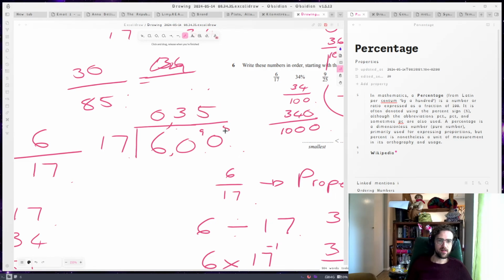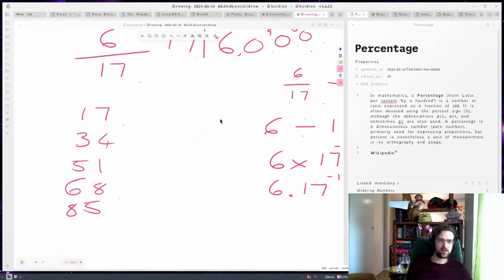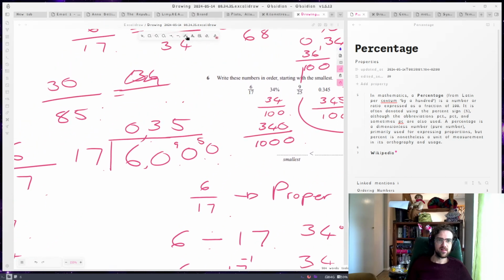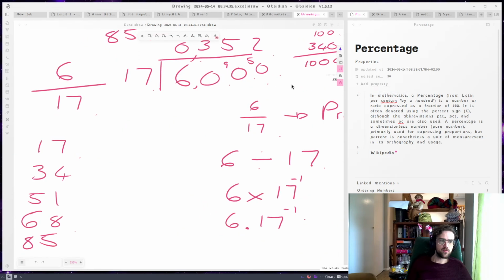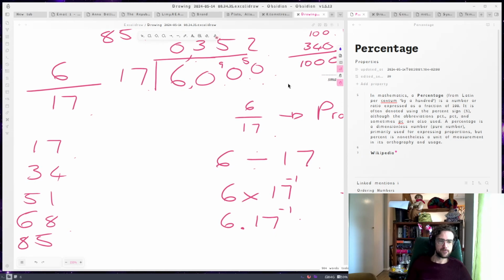Remainder 5, 0. And so that's 2. Wait, is that 2 or is that 3? It's 2 remainder 16. No, something's wrong.